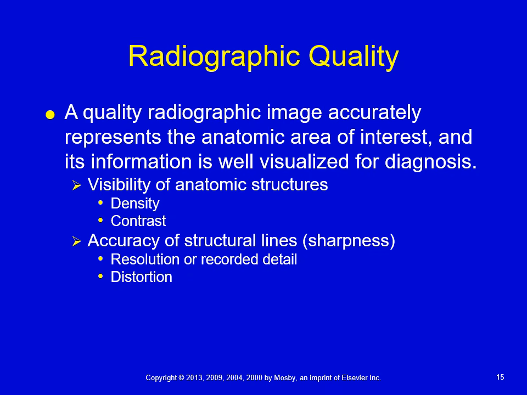Now, sometimes we want distortion because maybe we're trying to uncover some underlying anatomy. So maybe we will put an angle on our tube, or maybe cant or move the body part in a different way, such as going from a PA to an oblique, etc. But there are times when distortion is definitely unwanted.